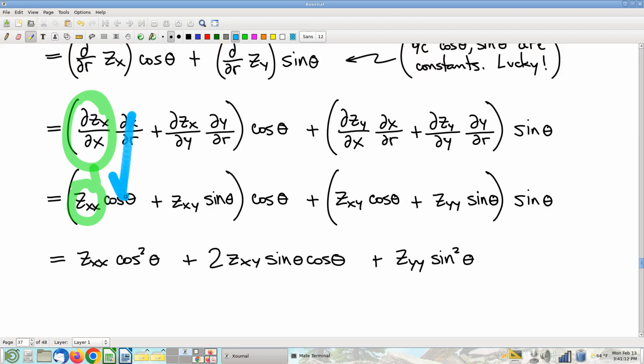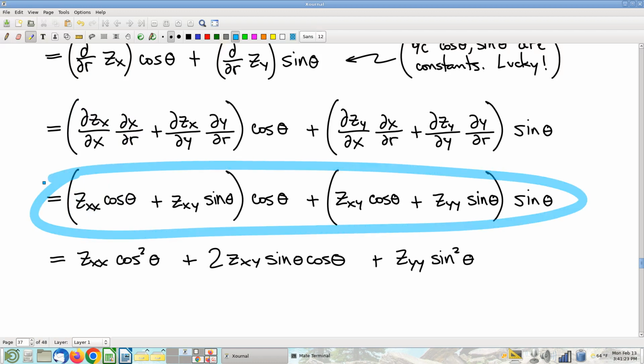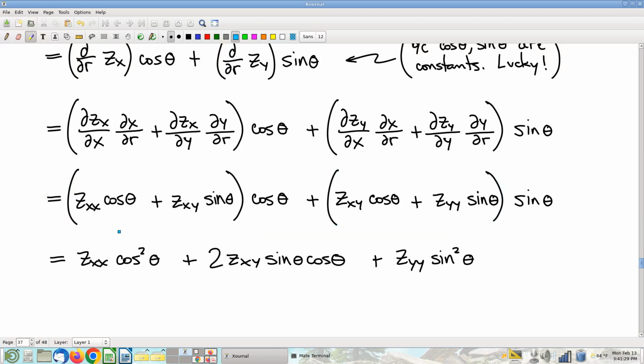Again, partial of x with respect to r, I know the function x. I can explicitly write down what that is. Ditto for all the rest of these terms. And then you can take all this stuff and multiply it out and collect terms, etc., and it simplifies to that right there. Is everybody on board?